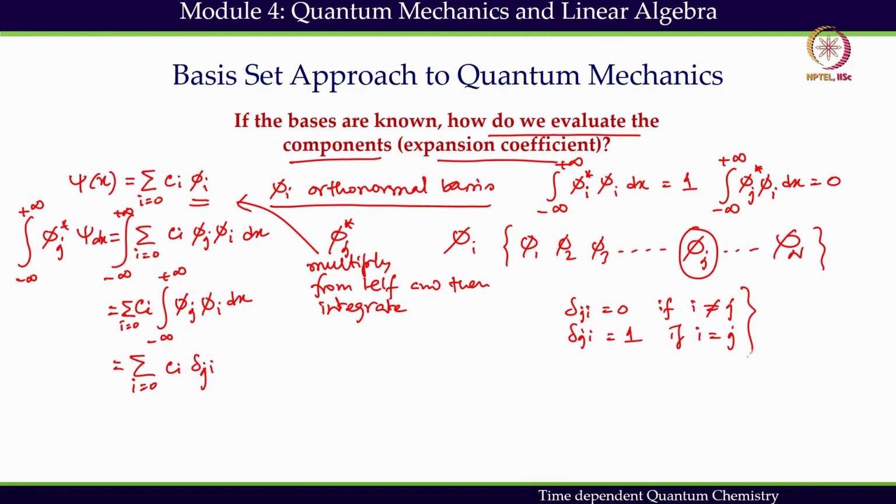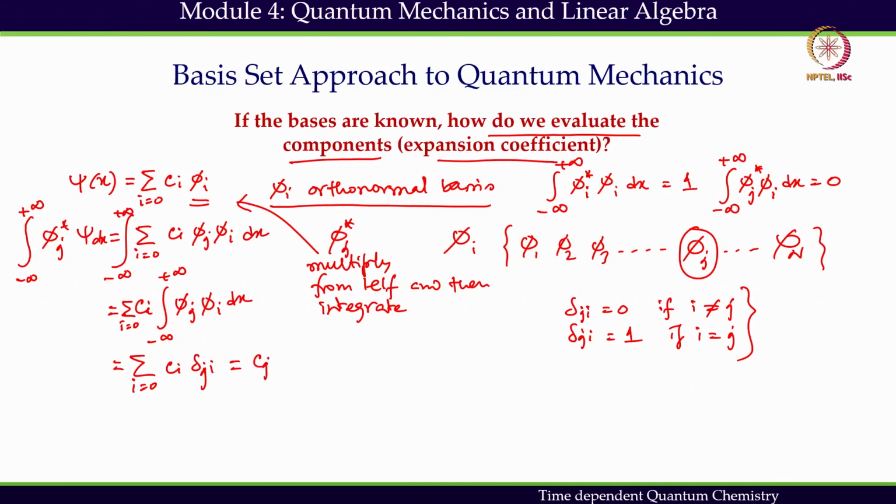That is the property of the orthonormal basis, and this property comes exactly from the property of the Hilbert space. The property of the Hilbert space suggests that its inner product should exist, and so what we get is that the entire summation will be 0 except for the C j term, because in C j the delta function will take the value 1.